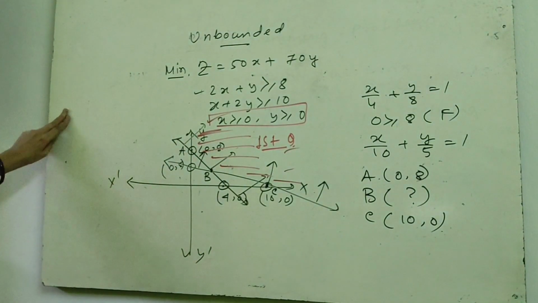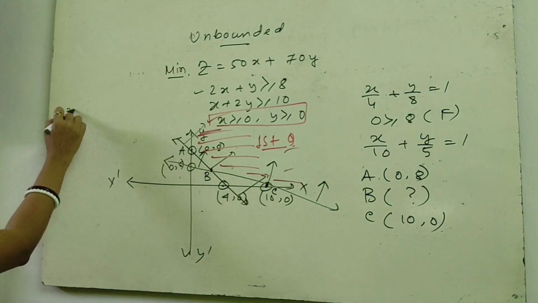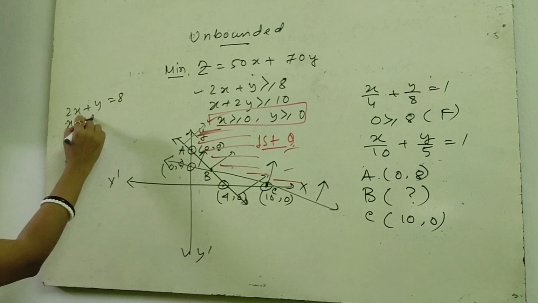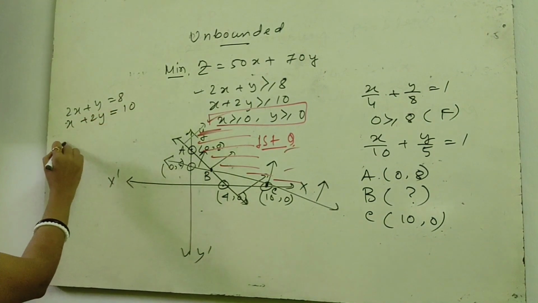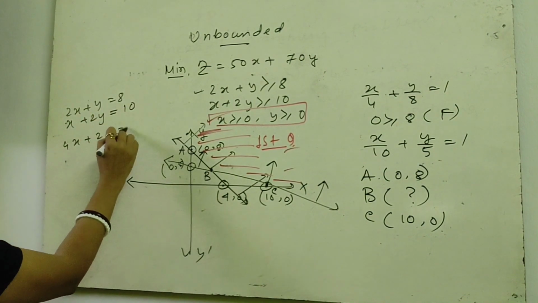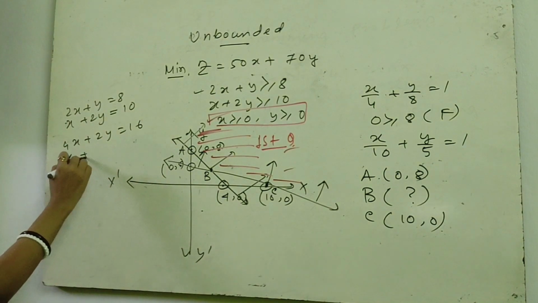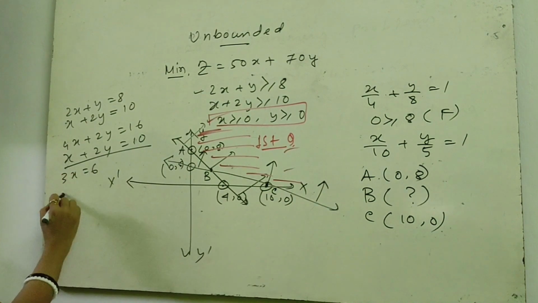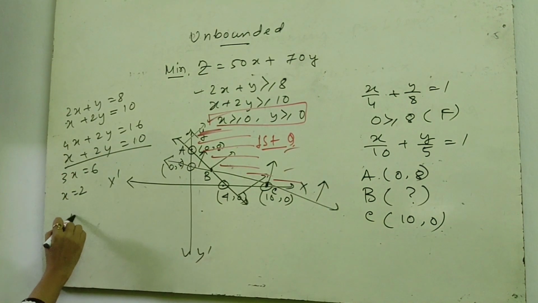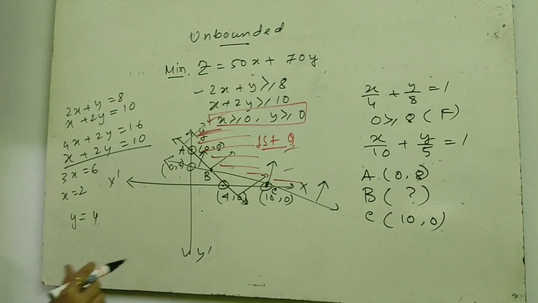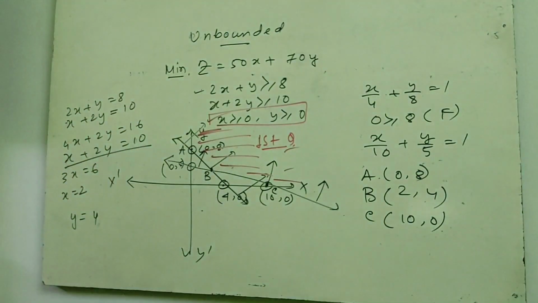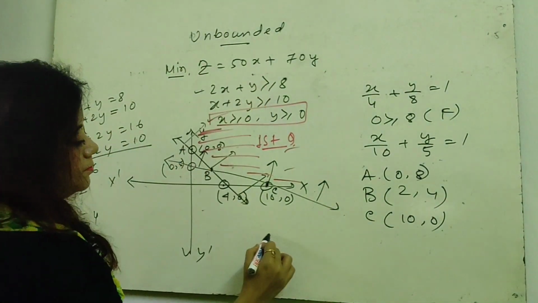Now, students, just solve these two equations to find out B. So B is 2, 4.